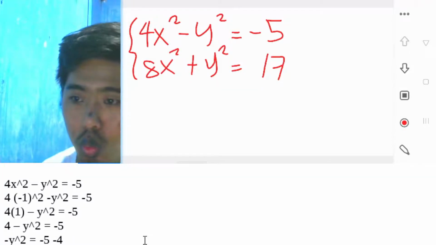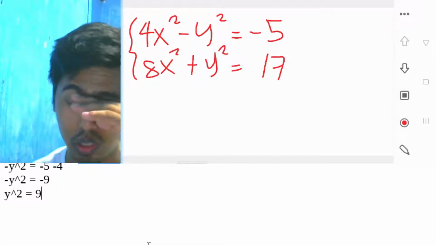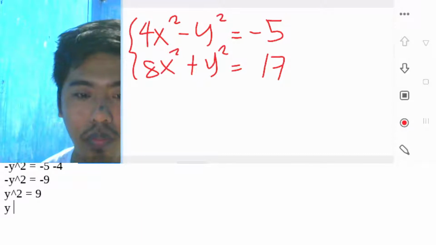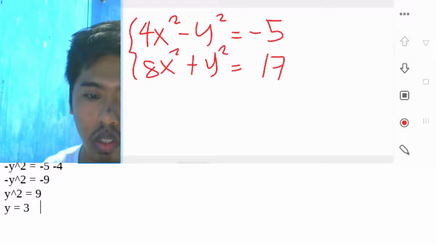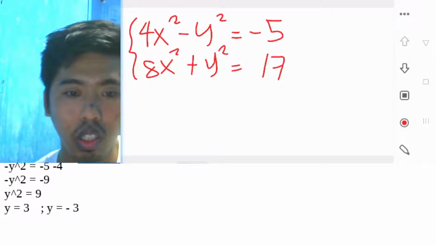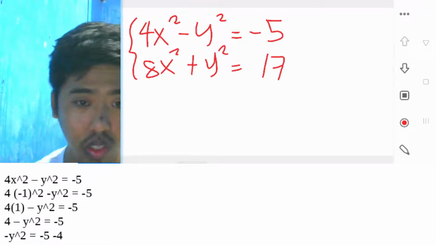If we take the square root of y squared equal to positive 9, it will become positive 3 and negative 3. So meaning if x is negative 1, there are two possible answers.